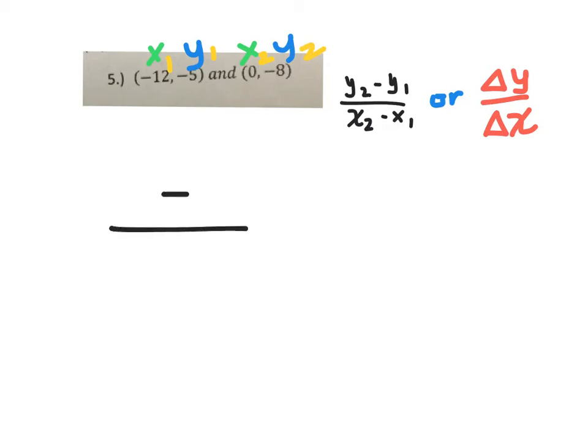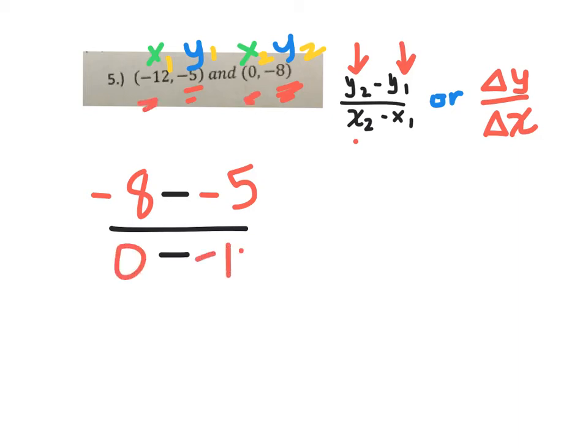Now just follow the formula. y2, which is right here, minus y1, which is right here. Then x2, which is 0, minus x1, which is negative 5.